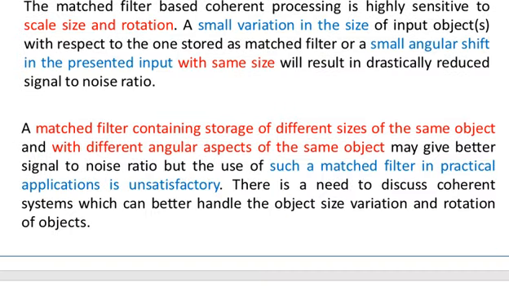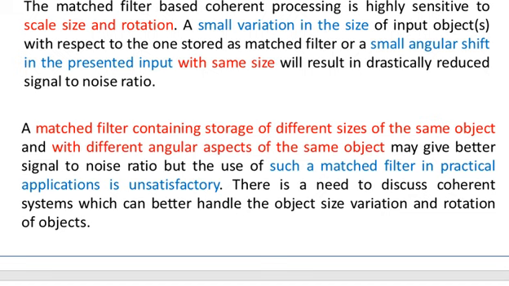A matched filter containing storage of different sizes of the same object, and with different angular aspects of the same object, may give a better signal to noise ratio, but the use of such a matched filter in practical applications is unsatisfactory. There is a need to discuss coherent systems which can better handle object size variation and rotation of the object.